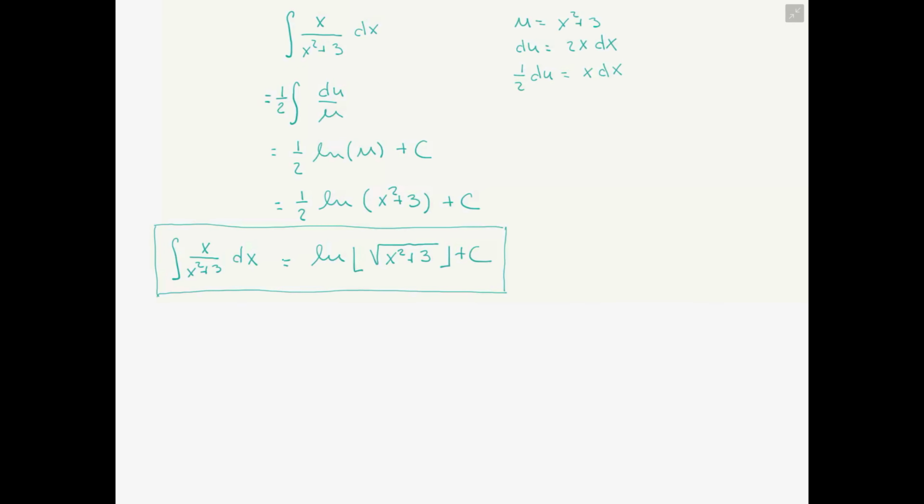So this integral is equal to that solution.